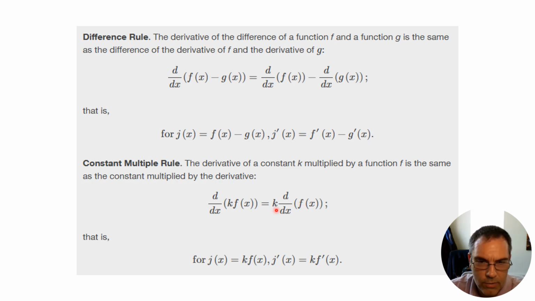So the constant just multiplies the derivative just like it multiplies the function. Okay, so sum and difference rule and constant multiple rule, we can put those together with what we now know about the power functions and constants, and take the derivative of something that puts all of these ideas together.